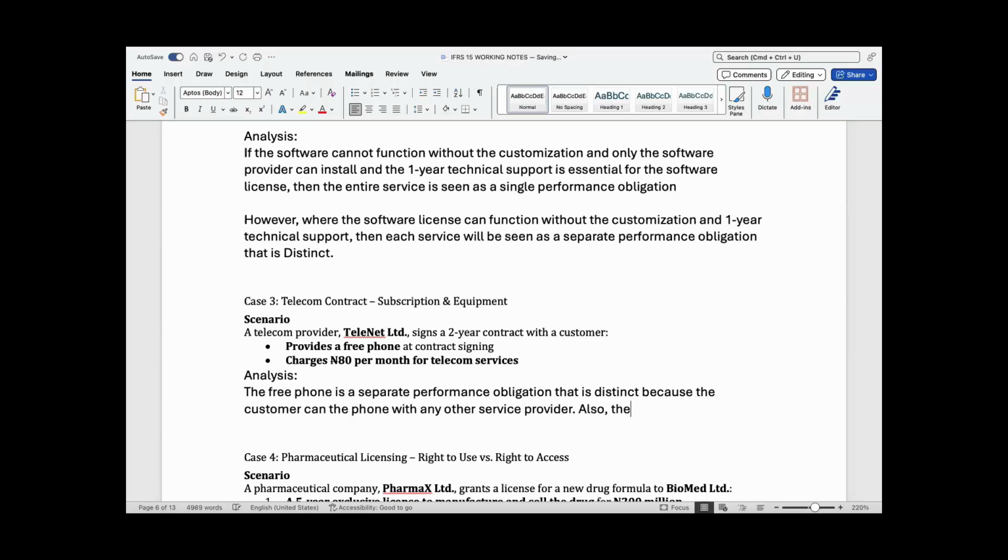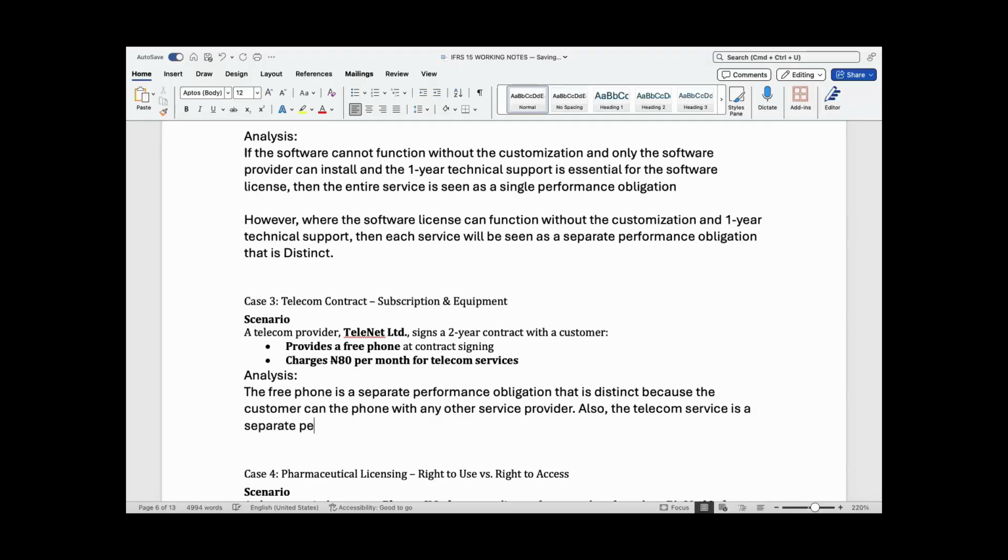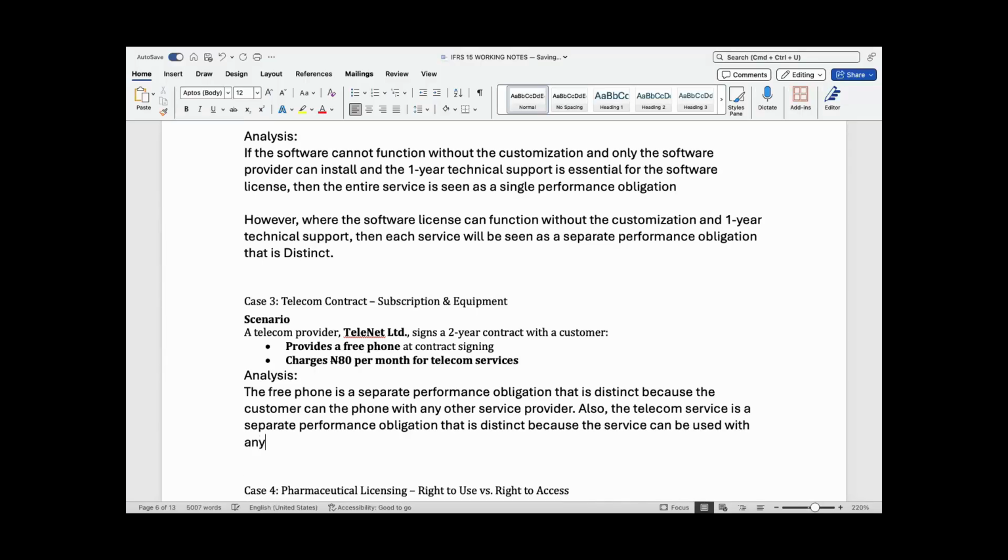Also, the telecom service is a separate performance obligation that is distinct because the service can be used with any other phone, not necessarily the one that they gave.